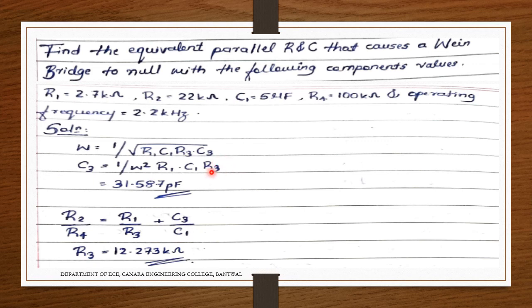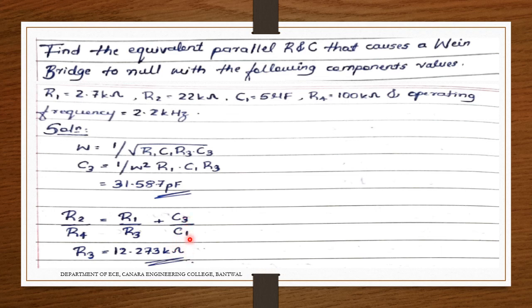We don't know R3. Yes or no? R3 we don't know. How to find R3 there? So for that purpose we need to first solve this one. R2 divided by R4 is equal to R1 divided by R3 plus C3 divided by C1. So R2 here, R4 here, R1 here, R3. Again we are not getting C3, and we don't have R3 here.